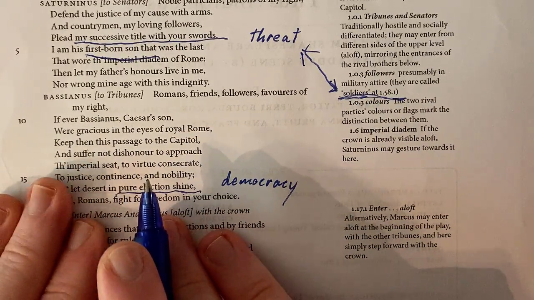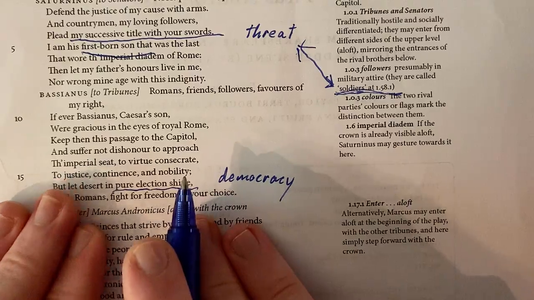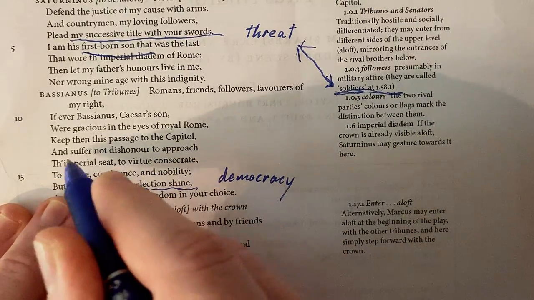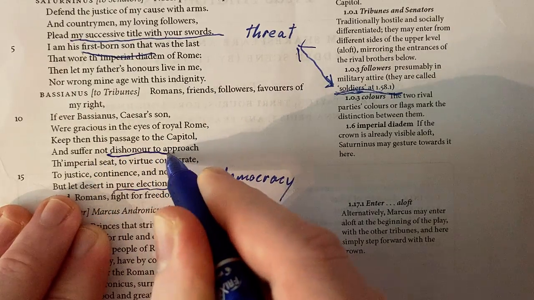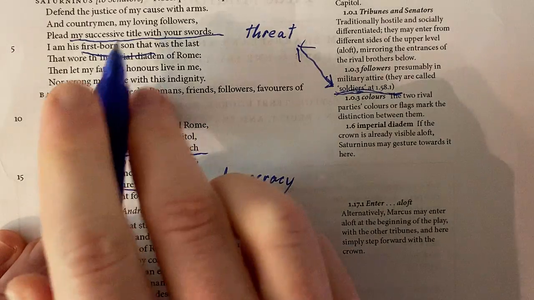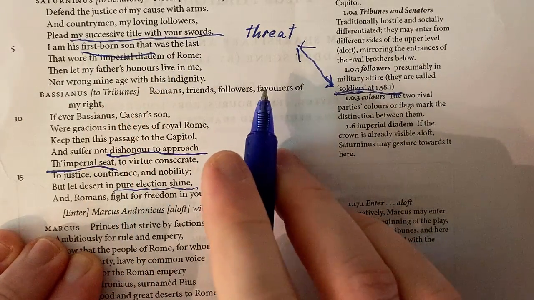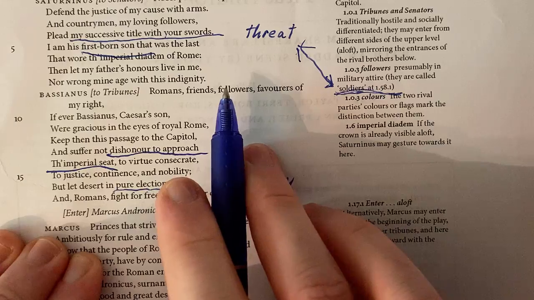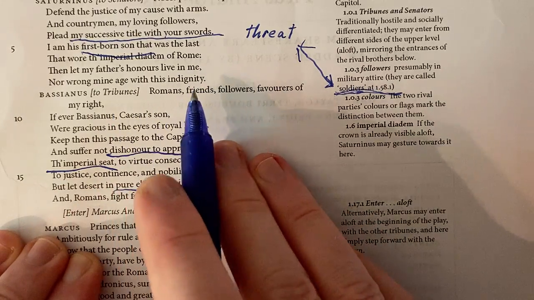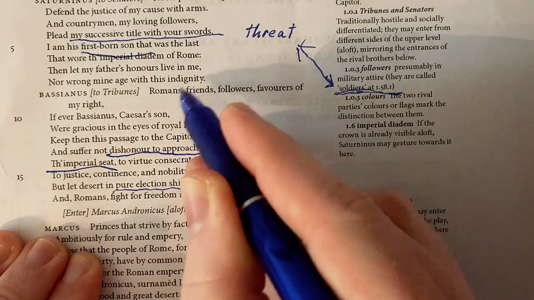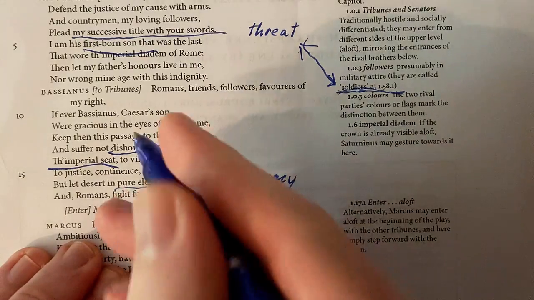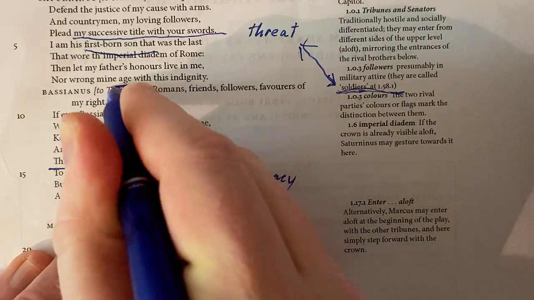Bassianus's first speech here, we might notice, "suffer not dishonor to approach the imperial seat." So it's interesting that Saturninus's claim, his argument, is that he's the firstborn son, and that it would be an indignity for him to not be made emperor, right? Because of his age, because he's the firstborn son.